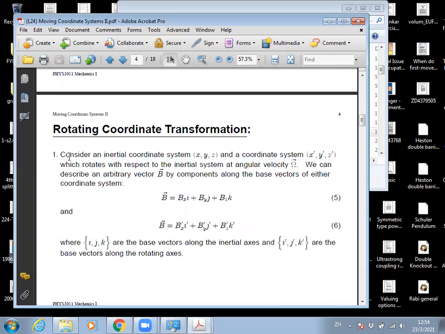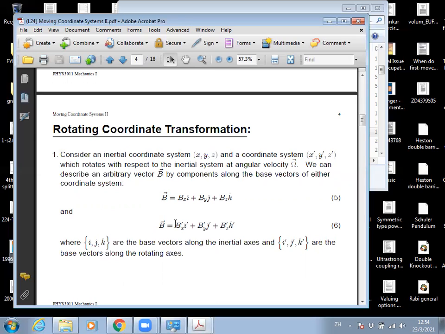Okay, consider an inertial coordinate system x, y, z, and a coordinate system x prime, y prime, and z prime, which rotates with respect to the inertial system at angular velocity omega, all right? So we consider an arbitrary vector B, which has components Bx, By, Bz in the inertial frame.